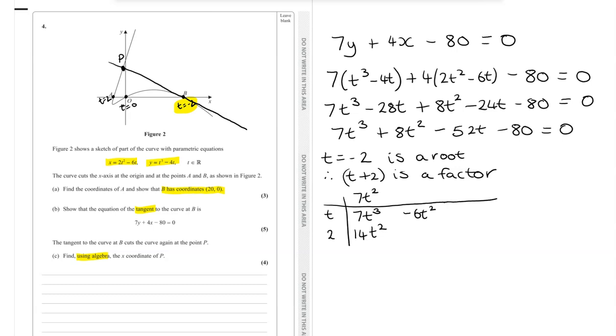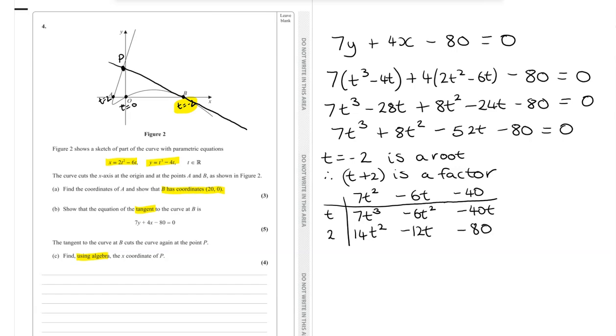And to make the minus 6t squared, I need minus 6t. Then 2 times minus 6t is minus 12t. And then if I'm on minus 12t, I need minus 52t, so I've got minus 40t. Then this needs to be minus 40. And 2 times minus 40 makes minus 80.